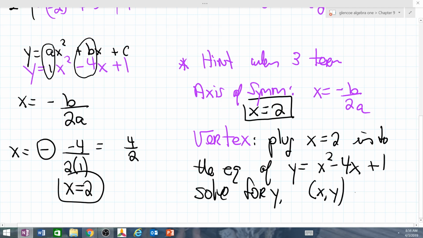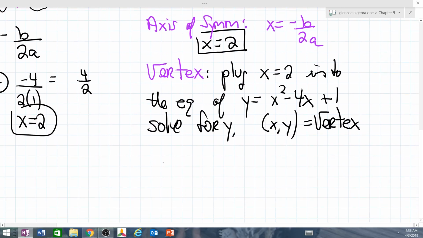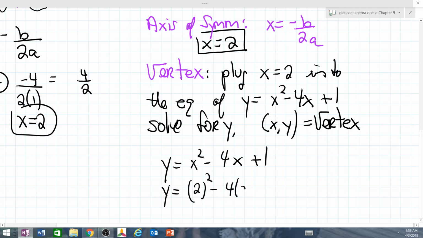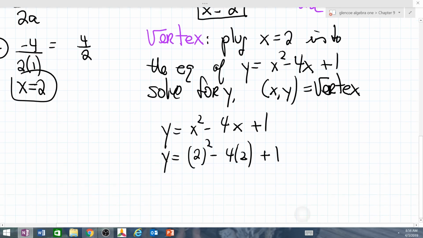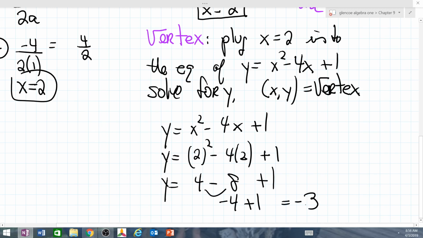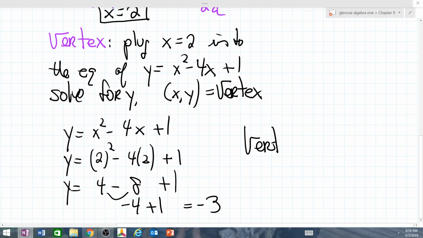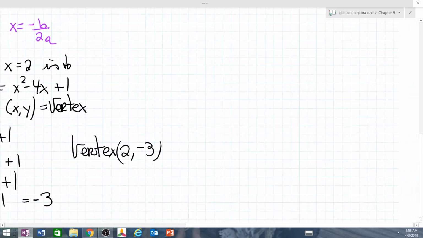The ordered pair x and y is your vertex. So my vertex is now 2, negative 3. So now I'm ready to go ahead and graph.